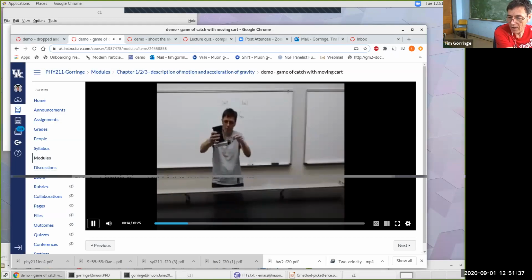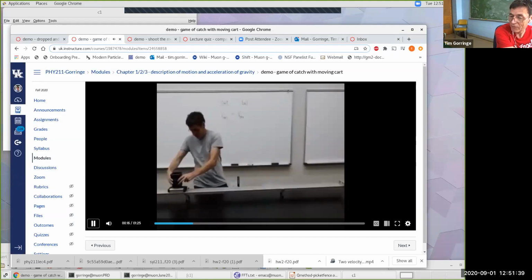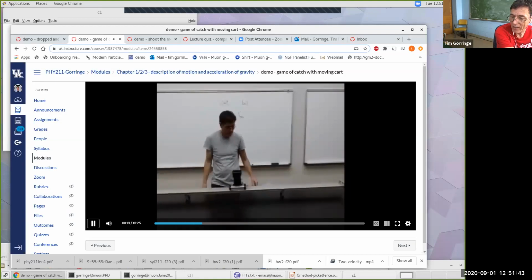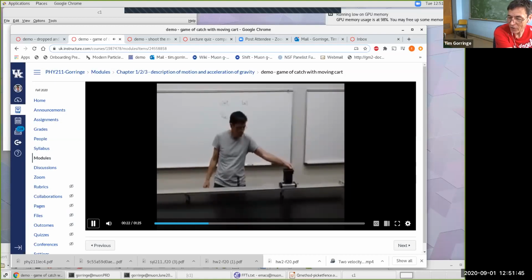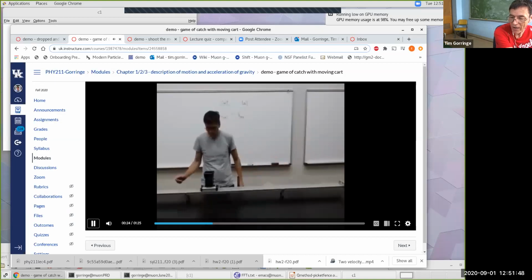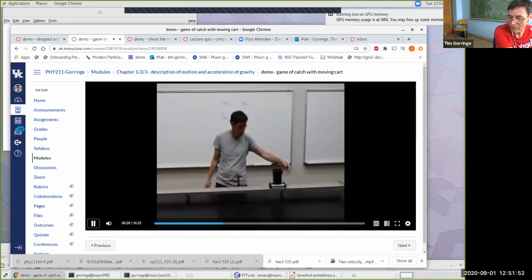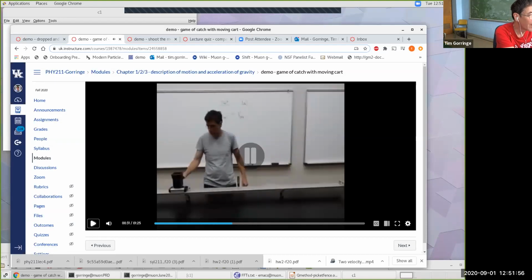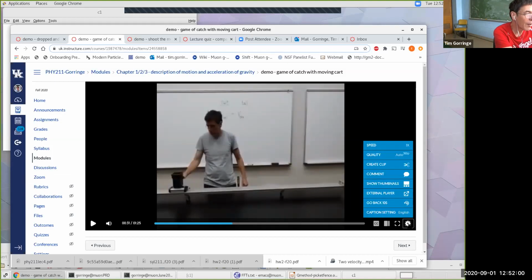So this is the cart, and I'm just showing you in a very dramatic fashion that it's got wheels on the cart. And now I'm showing you that the cart with the wheels on the track glides smoothly left to right. Now I'm going to slow down the video because I'm going to fire a projectile, a ball from the cart as it moves from left to right.